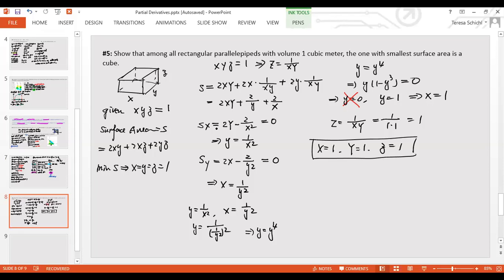I hope that you get a good understanding of how to find the local maxima, local minima, and the absolute max and absolute min in R3. The methodology is aligned with Calculus 1; we just add extra variables here. That's it. I hope that you guys get a good understanding of this topic and will be able to find the maxima and minima here. All right, that's it. Have a good day.